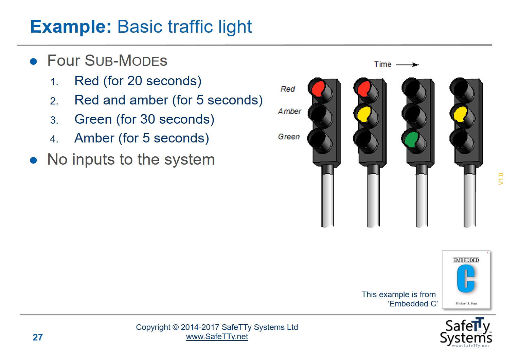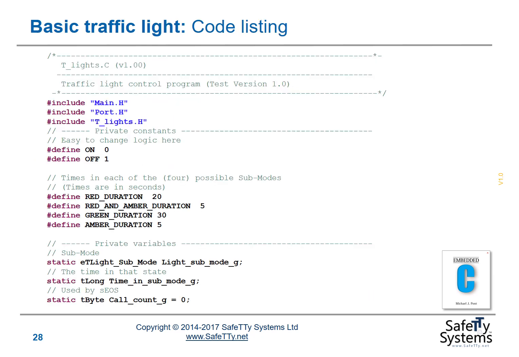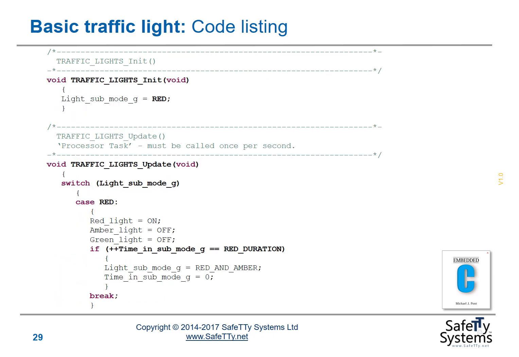Amber, we stay in this submode for 5 seconds. There are no inputs to the system in this simple example. So we are storing the time in each of our 4 possible submodes using hash defines. We've got a user-defined type for storing the light submode in our system.